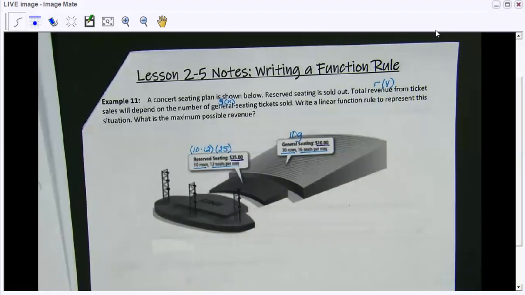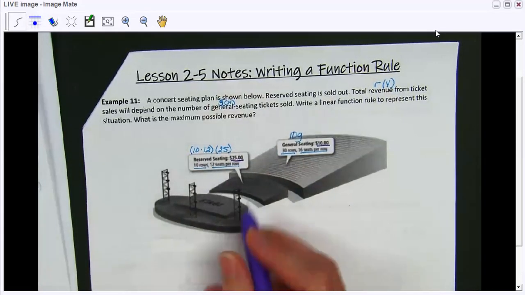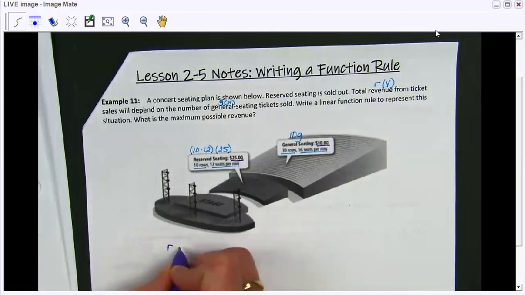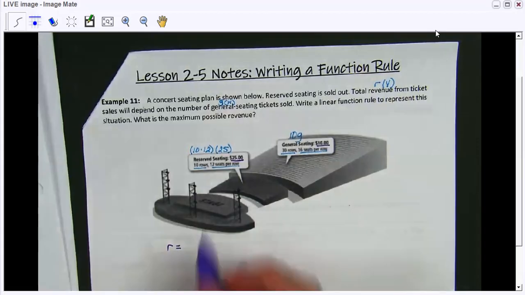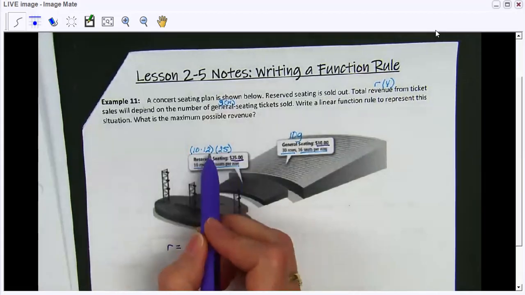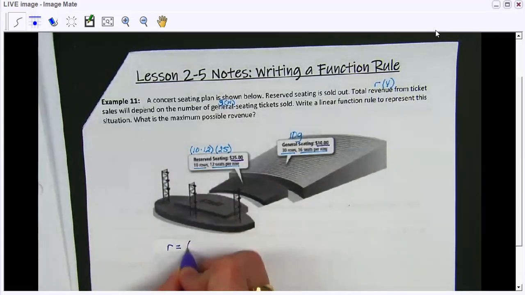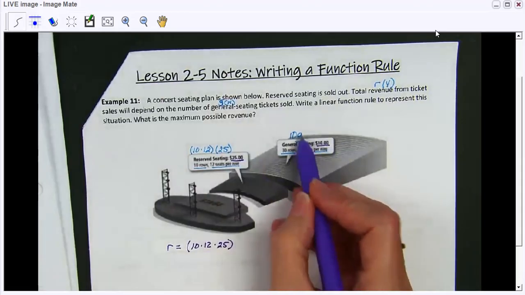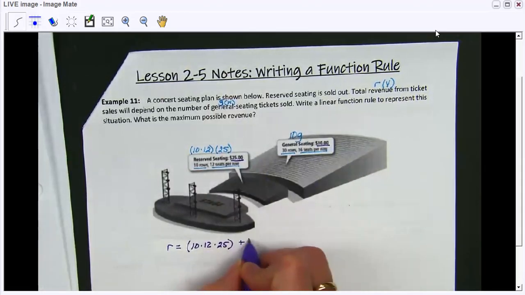Okay, so we can use all of this information to come up with an equation. So we have R for revenue is going to equal the reserved seating, and we know that they've sold out. So 10 times 12 times 25 plus the amount that they sold in general seating.